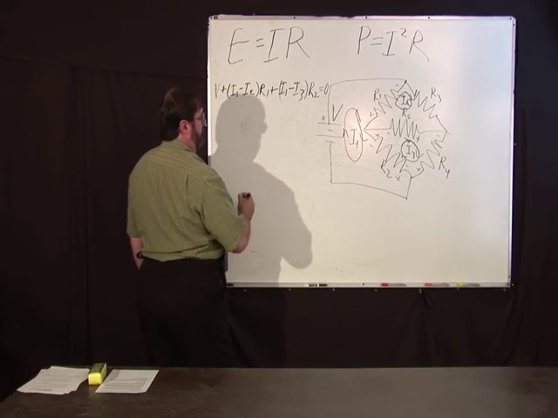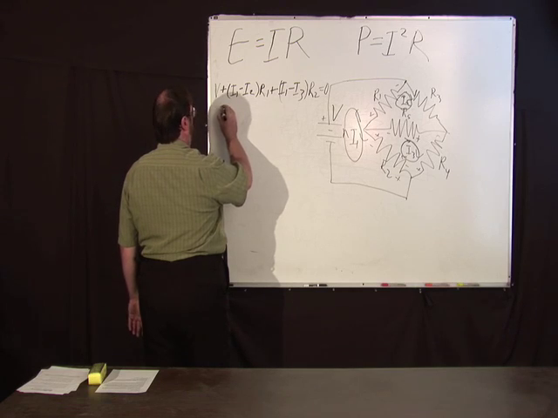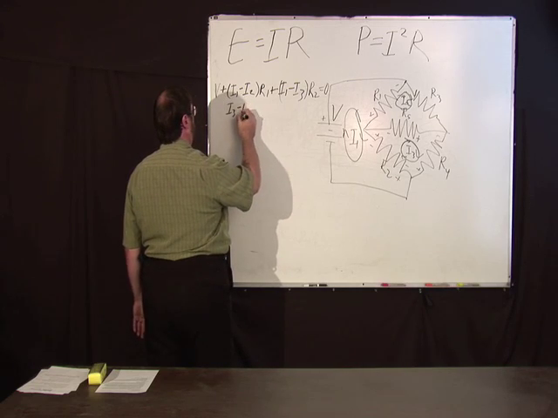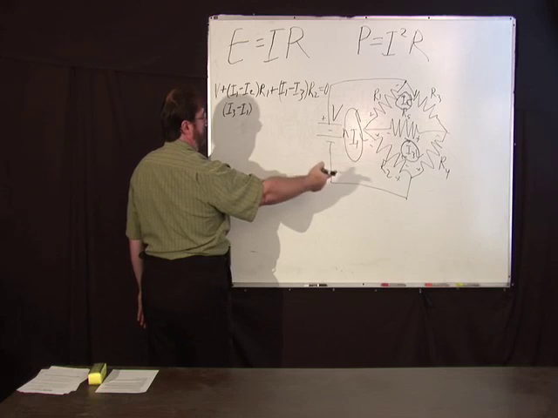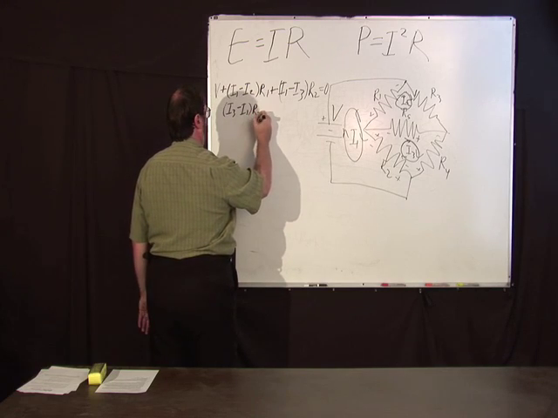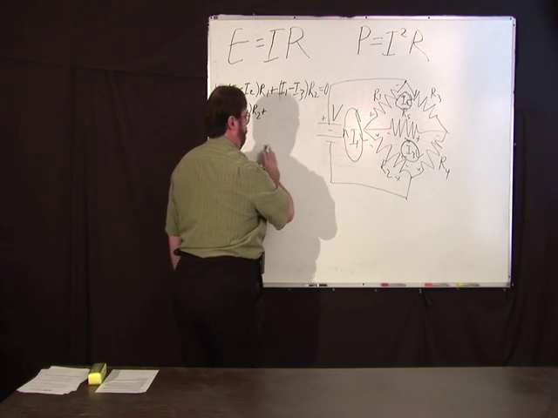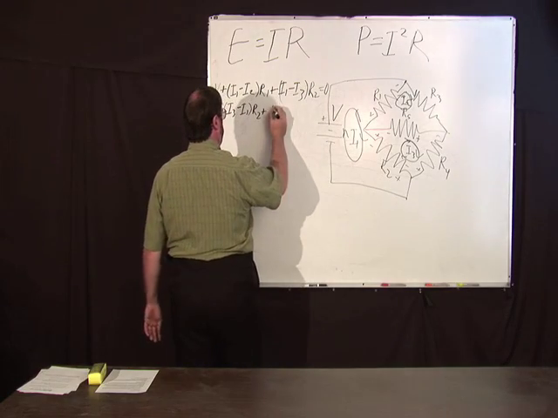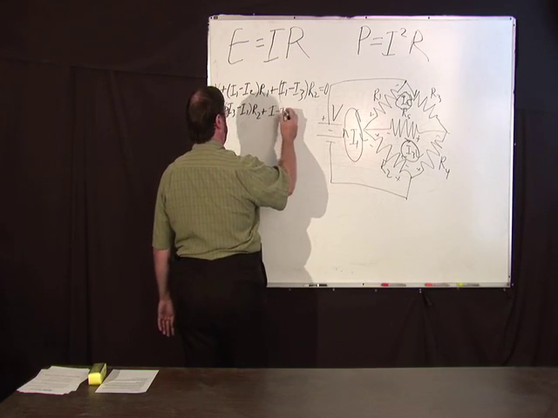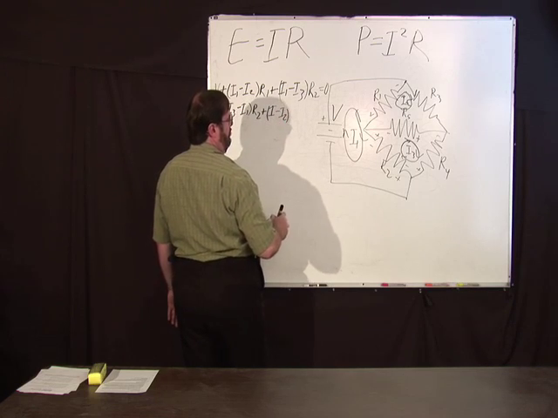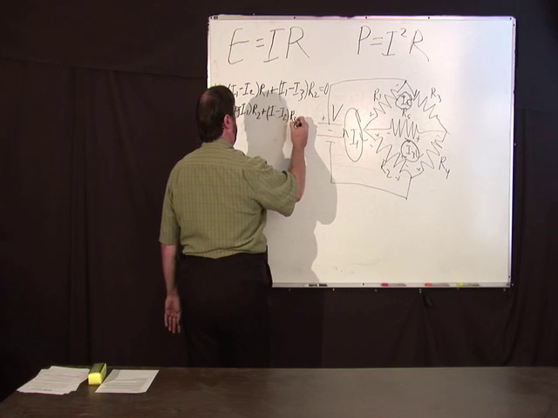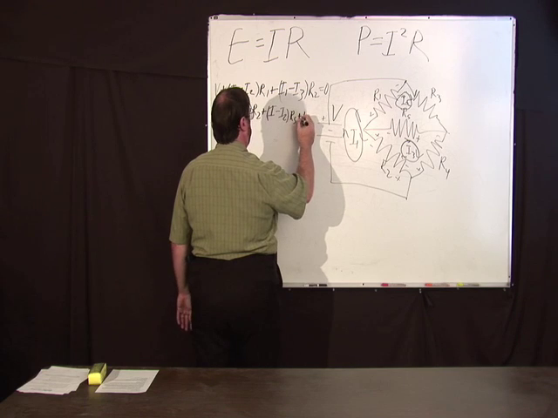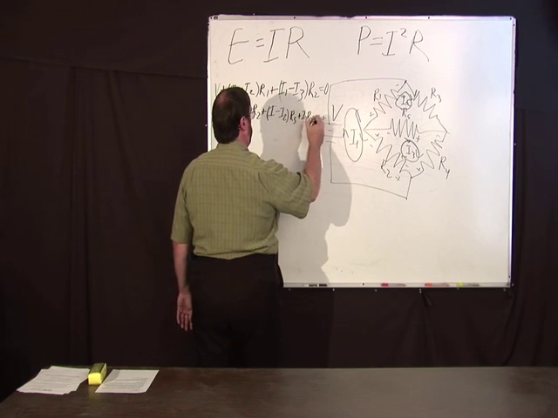So you've got I3 minus I1 times R2, voltage drop in that R2, plus voltage drop here. Well, they're going opposite directions again, so I3 minus I2 times R5. And the last one is I3 R4 equals 0.